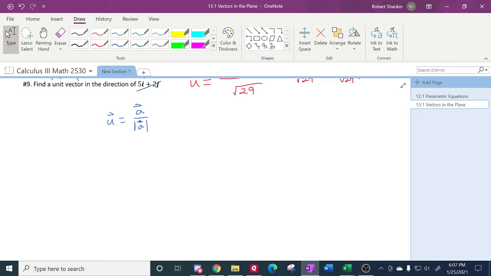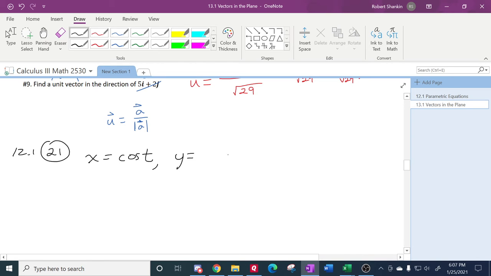So this is 12.1, number 21. And part A, eliminate the parameter to get an equation in x and y.